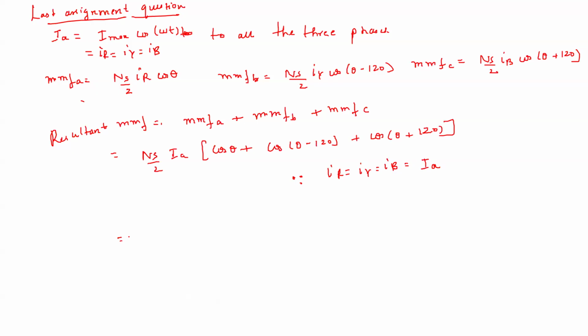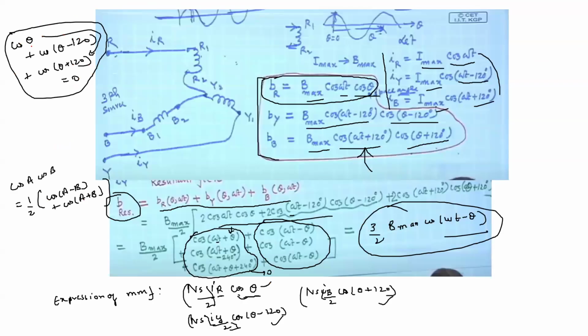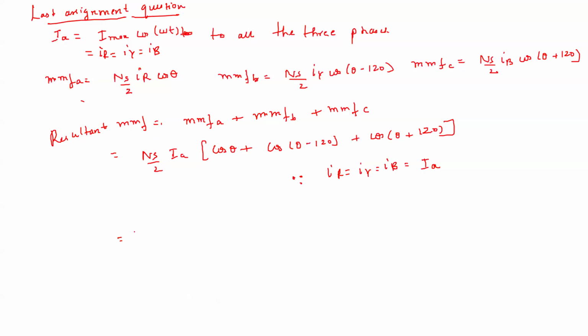Now, as I said, the identity is such that cos theta can be omega t also. It can be any angle. So by applying the trigonometric identity, cos A plus cos A minus 120 plus cos A plus 120 is equal to 0.